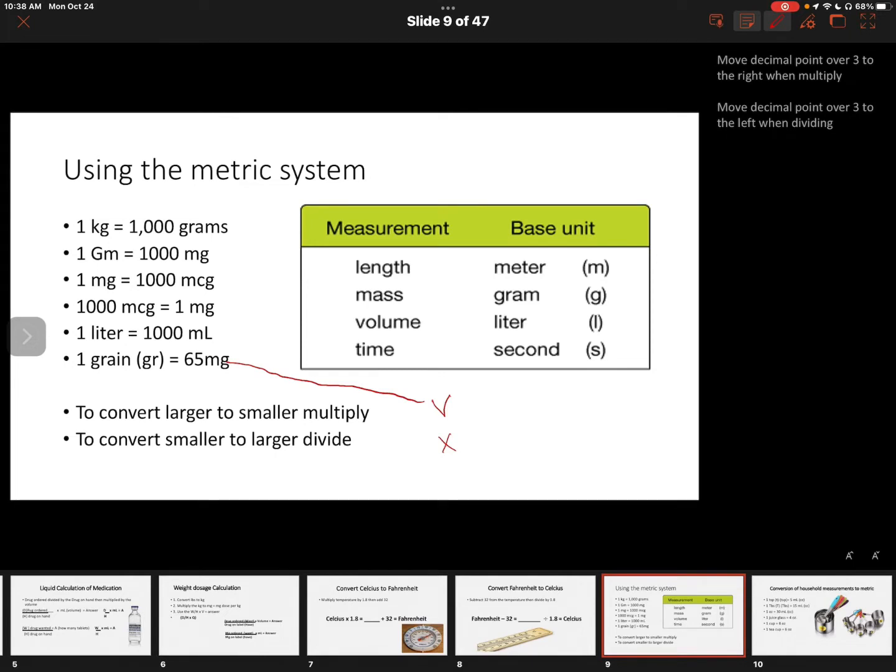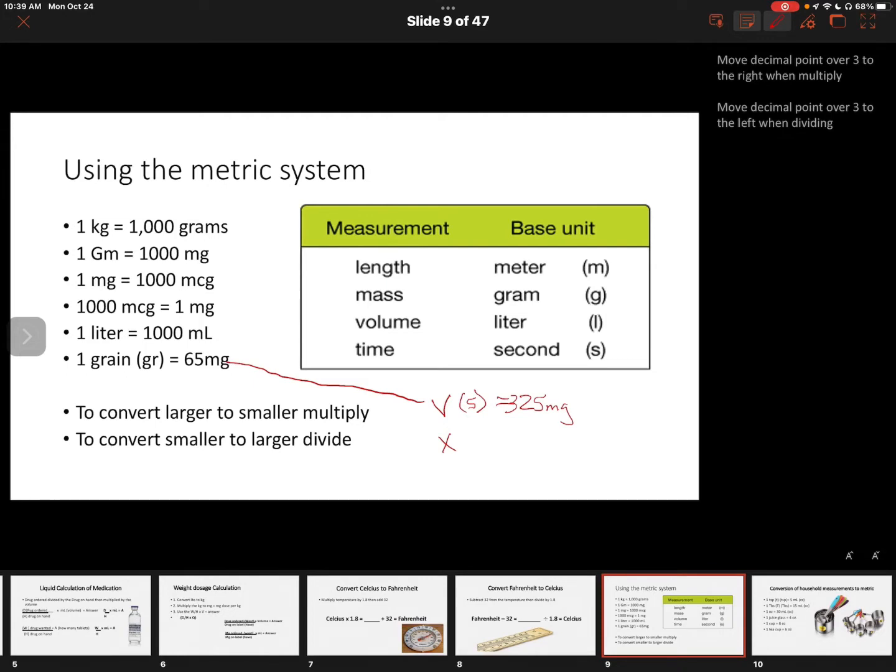If I had 5 grains, I would take 5 and multiply it by 65, and that would give me an answer of 325 milligrams.